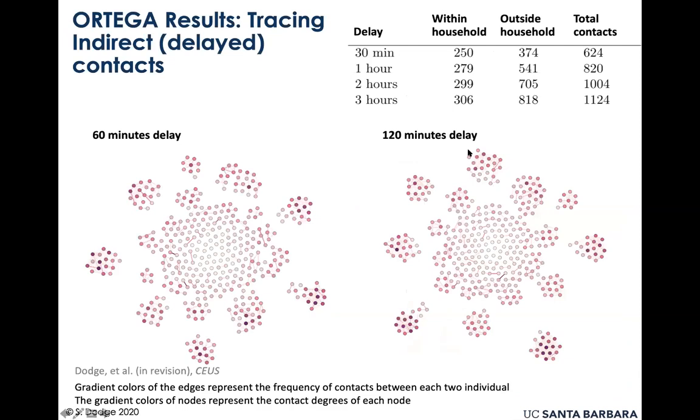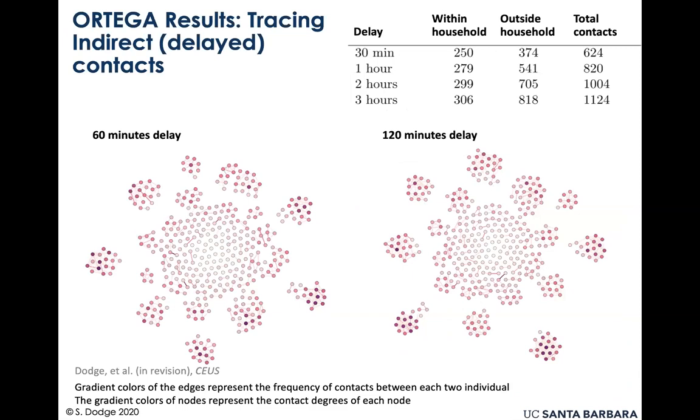And for the delayed interaction, these are Ortega's results over different delay timelines. So a 30-minute delay, allowing 1 hour delay or 2 hours delay and more. And as you can see, the more delay we consider, the more fragmented this network becomes.